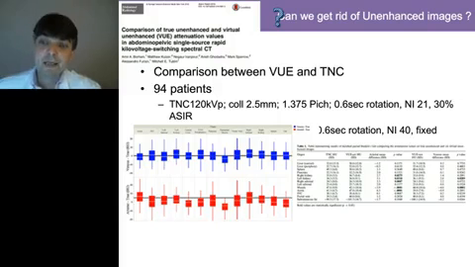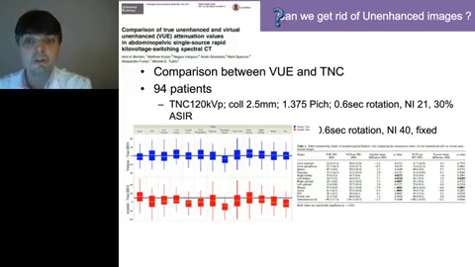Last slide, and that's maybe the strongest work in progress to be achieved. That's a very interesting and very recent paper, comparing the actual Hounsfield units observed in virtual unenhanced images versus the true non-contrast images obtained in polychromatic imaging.